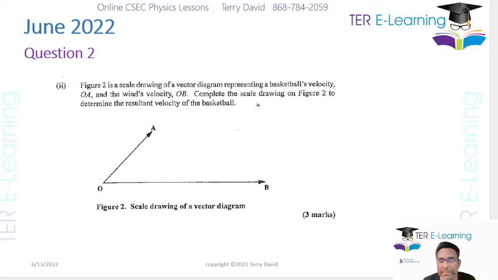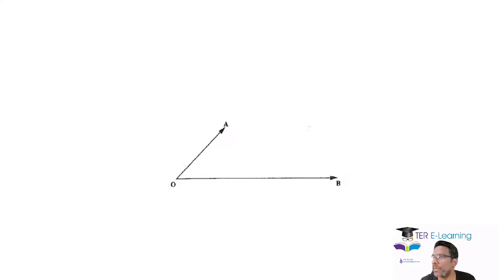We did this last night. Now the diagram is drawn to scale. This is the diagram here, precisely what I showed you guys last night. All you need to do is take a compass, and you're constructing a parallelogram.